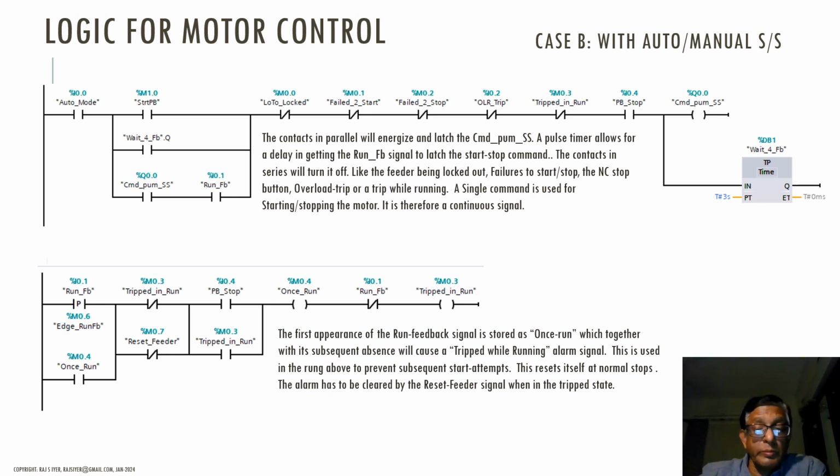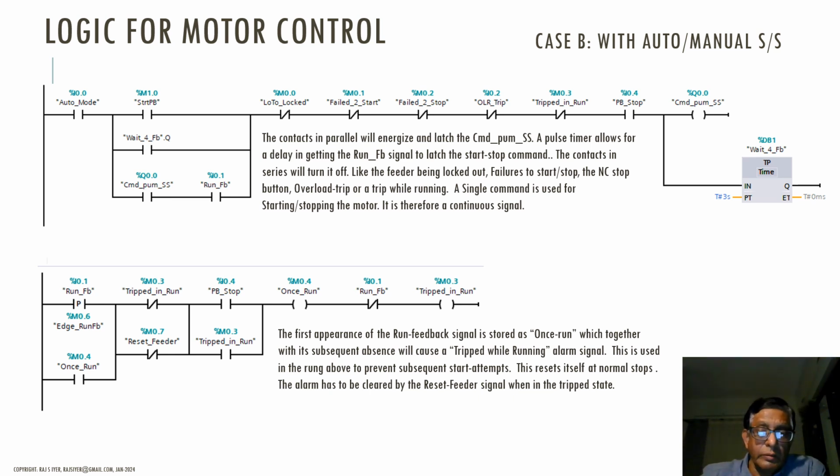Not only has the pump to start up, but there has to be a flow of water in the line, and that will activate the flow switch. And that output of the flow switch is taken as the run feedback. So this timer is to take care of such delays. Okay, and the time delay is set accordingly.